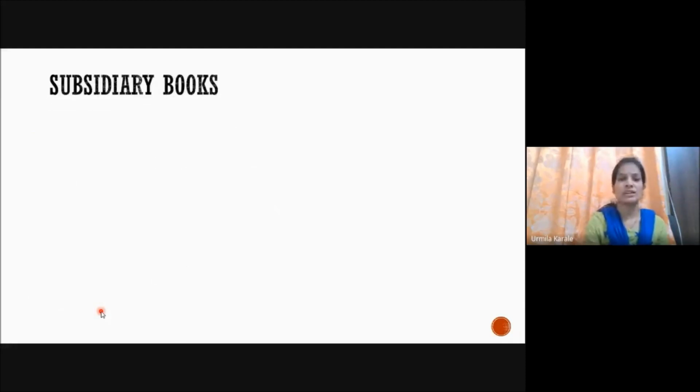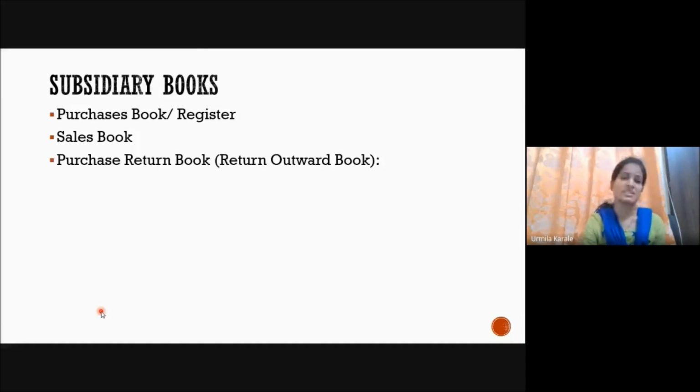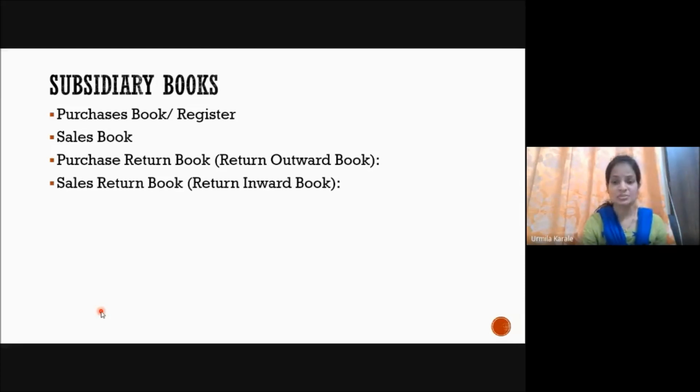Now just to have an idea as to what comes in the subsidiary books, you will see a list of books which are used as subsidiary books. Number one, purchase book to record credit purchases, sales book for recording credit sales, purchase return book for recording the goods returned to the supplier, sales return book for recording the transactions relating to goods returned by the customer, then bills receivable book and bills payable book depending on the transaction details.